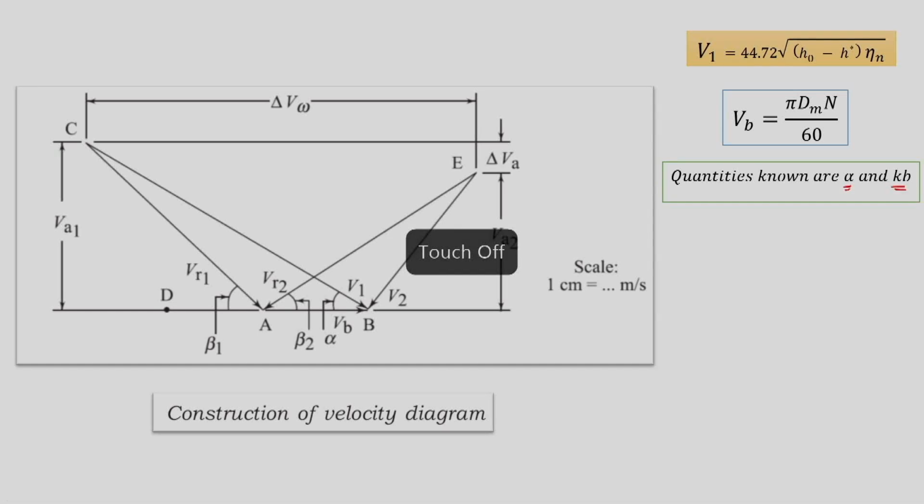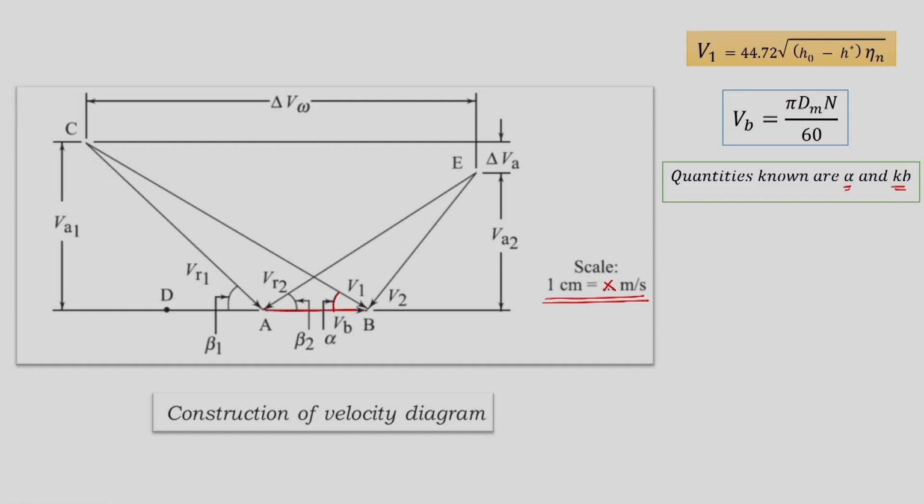So what we would do is first draw line V1 and line Vb with an angle alpha in between them, where we would take a scale such that 1 centimeter is equal to some x amount of meters per second. We know V1 and Vb, so we will scale them down.